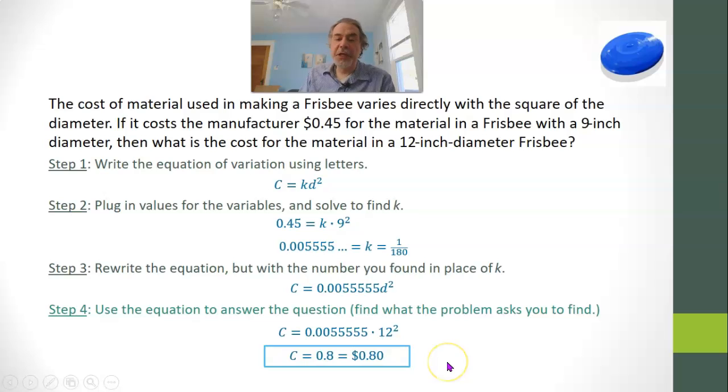And that comes out to be 0.8. And since we're talking money, how much something costs, it makes sense to give 2 digits after the decimal point. So I'm going to write that as 0.80, 80 cents or $0.80.